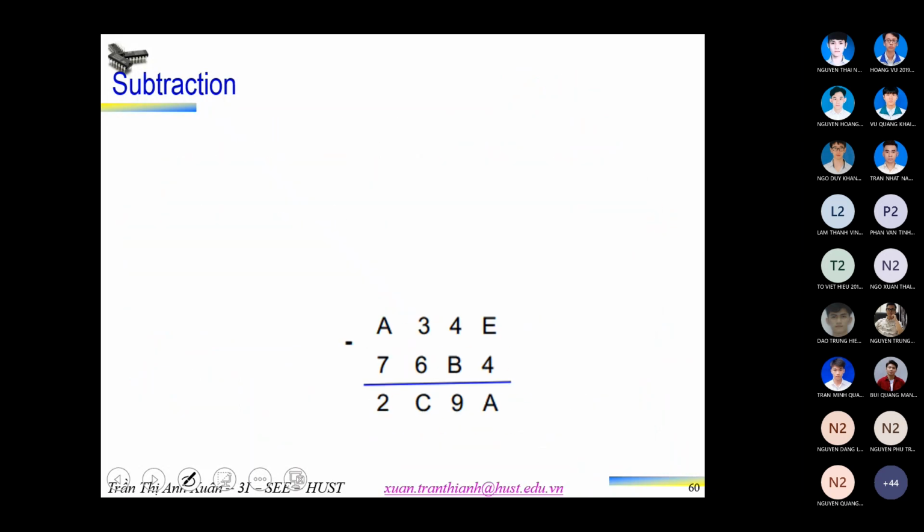So for the subtraction of hexa numbers, you practice on this exercise. The first, you do from the LSB. E minus 4 has no borrow, and here is equal to 10 in decimal. That is a character in the hexa number.